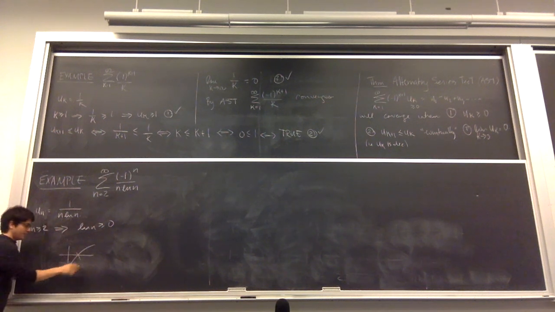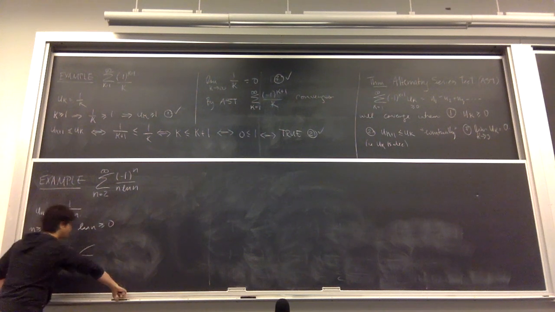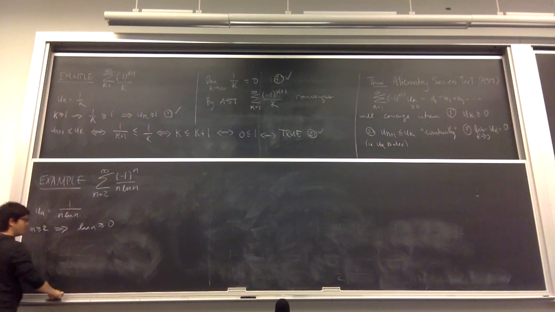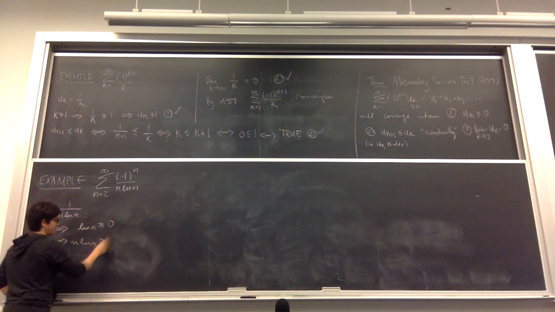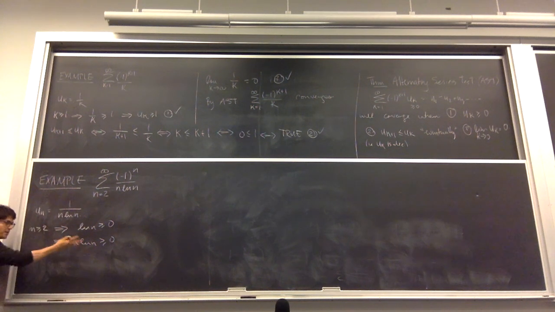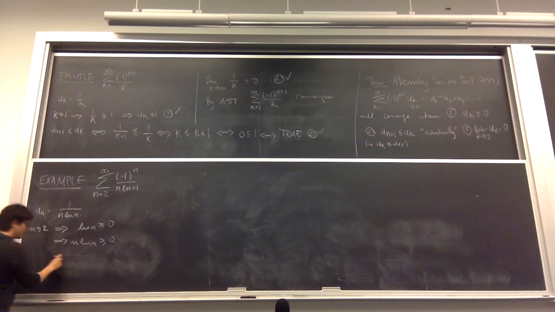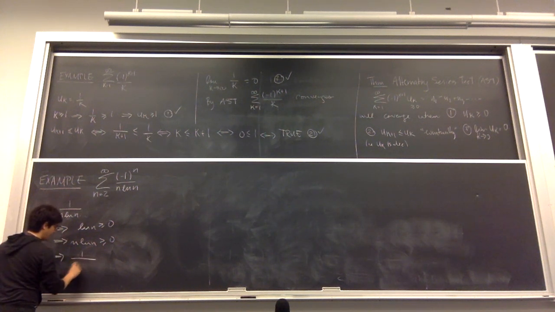So ln is positive after 1, so it's definitely positive after 2. And this means that n log n is greater than 0, because n is positive as well, which means that 1 over n log n is greater than or equal to 0.